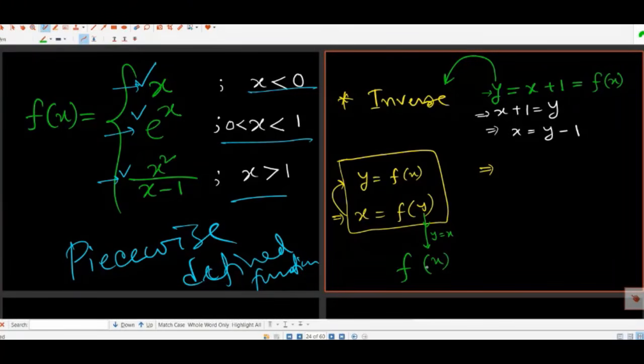But since it is the inverse of the original one, we are writing f inverse x. If we have a function f of x, its inverse will be f inverse x. So at this part, x equal to y minus 1 can be written as x equal to f of y. But in next step, we can also write as x negative 1.